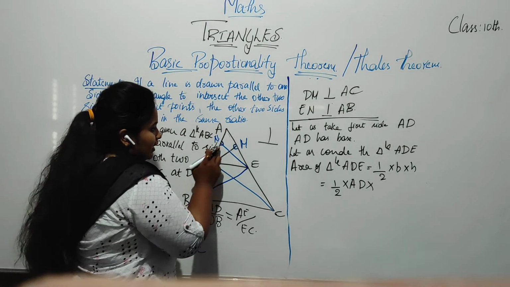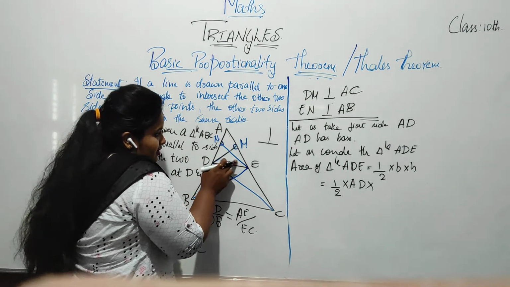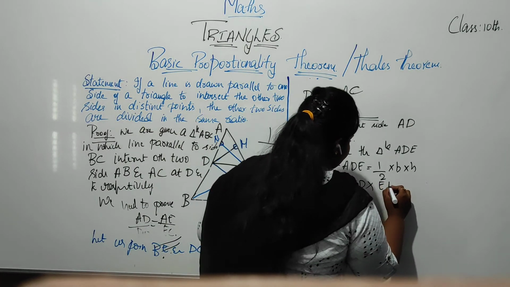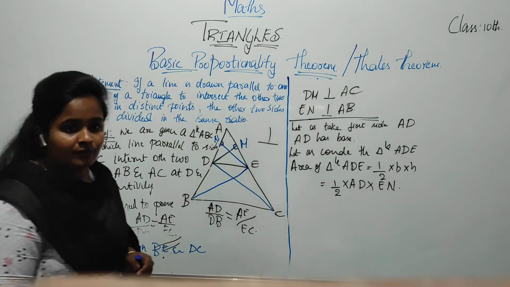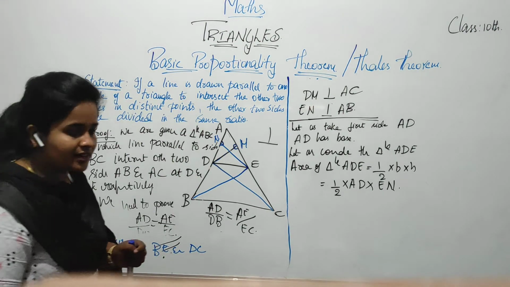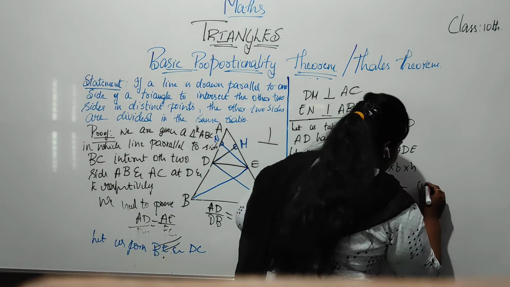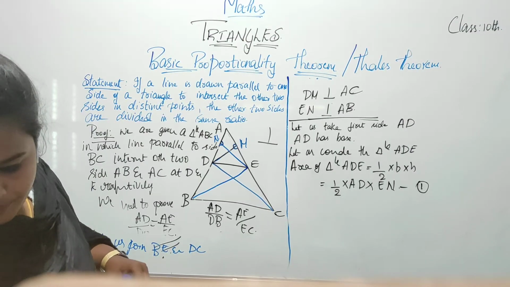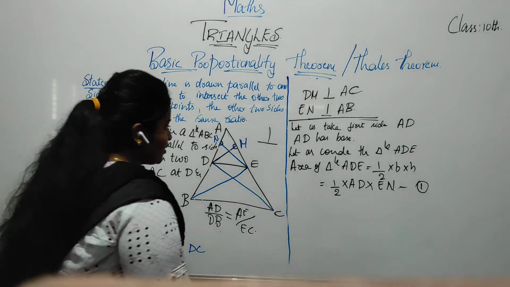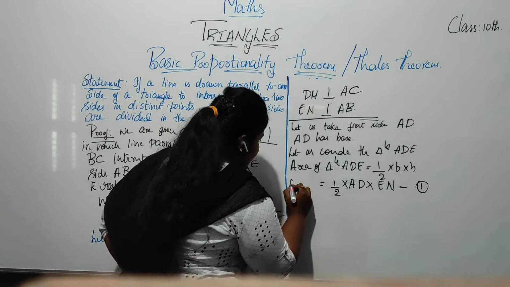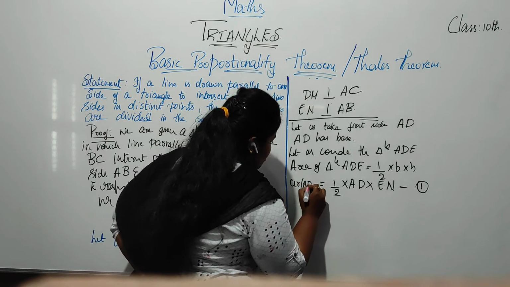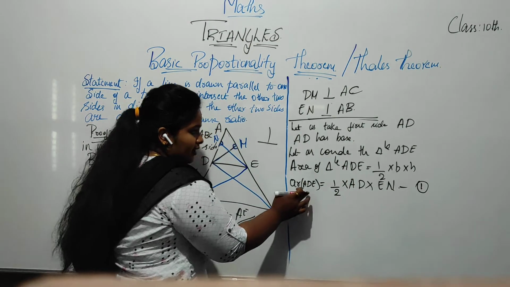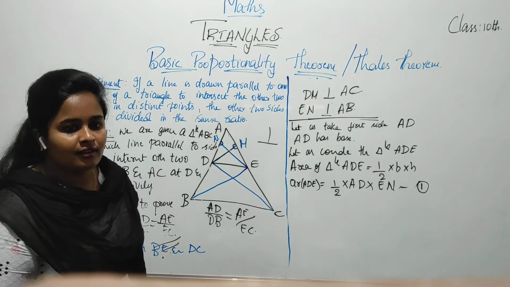This line is perpendicular to this line, so I consider it as height. Hope you all understand this. I will mark this as equation 1. Don't get confused: in your textbook they mention AR of ADE, which is a short form of area of triangle. AR of ADE means area of the triangle ADE.